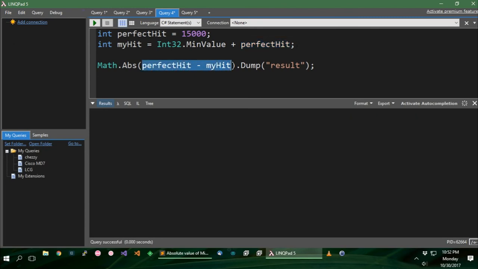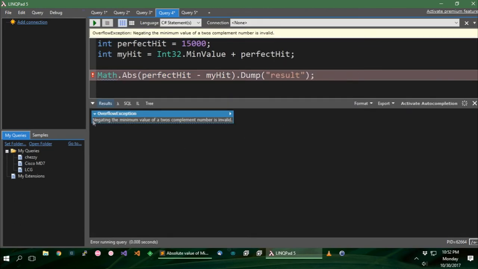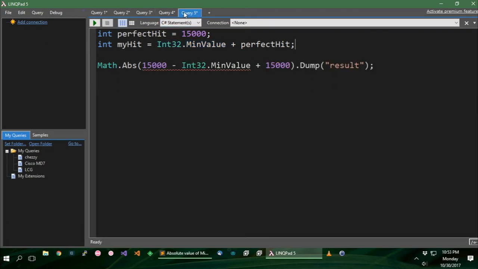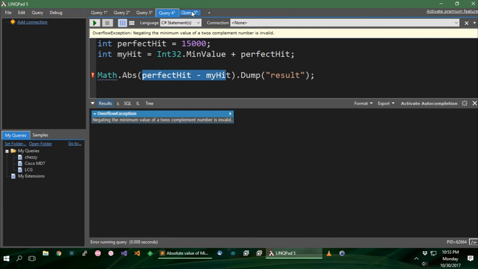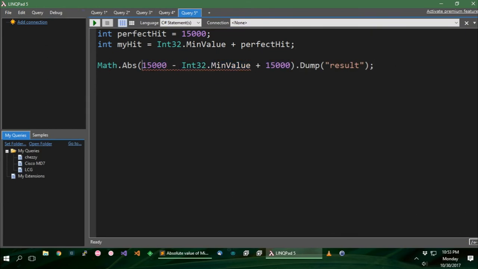If we calculate this, we also get the exception, which basically means that whatever is inside here is this minimum value. And if you don't have algebra, basically we can replace this part with this, and then you can see that we have plus 1500.